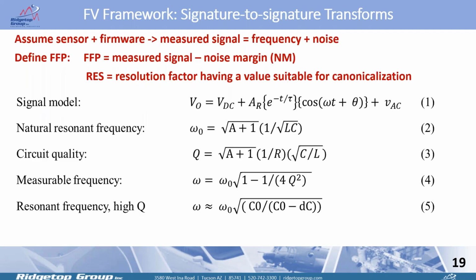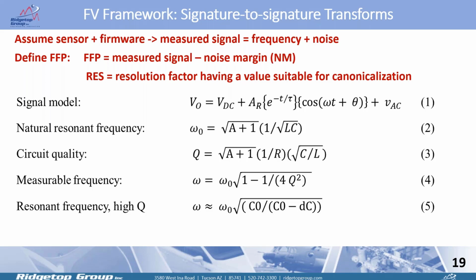Next. Okay, this is an example of features, failure analysis and FMEA. So suppose you have a sensor and you're looking at the ringing response and you decide that you want to look at the resonant frequency, because the change in resonant frequency is directly related to a change in capacitance, which is a frequent or common failure mode in power supplies.